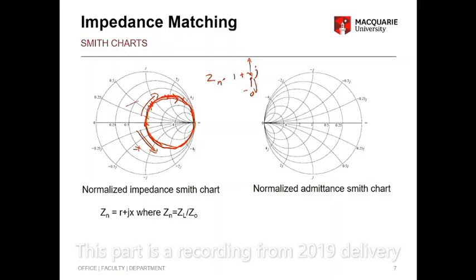It's positive x, it will move that way. Now let's see if I have a normalized impedance of 1 plus 0.25j. So the real part is 1, right? So I'll delete this.